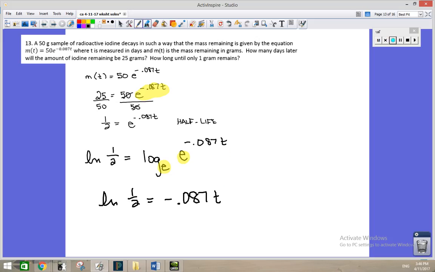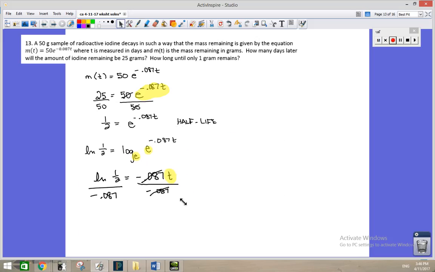I need to get this t by itself. I need to divide both sides of this equation by this negative decimal number. This factor divided by that factor is 1, so they cancel.